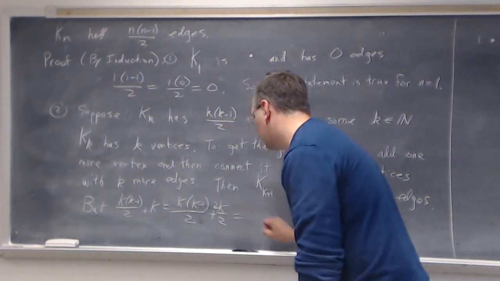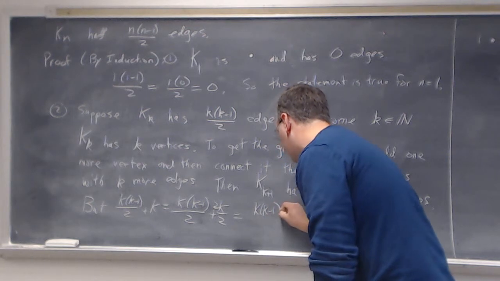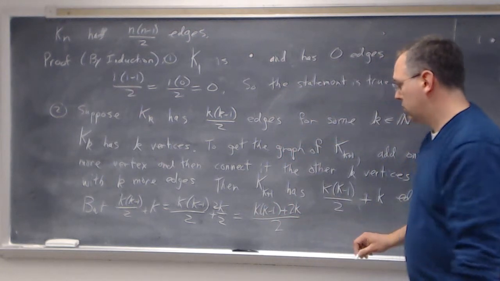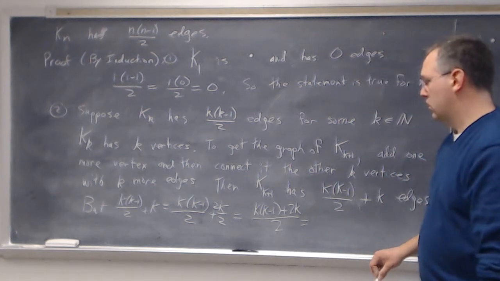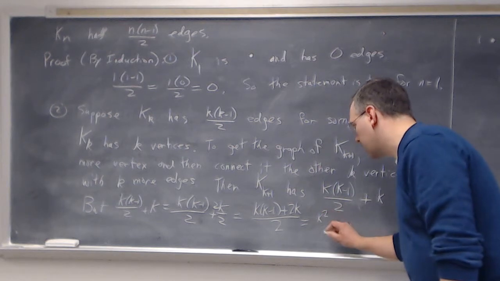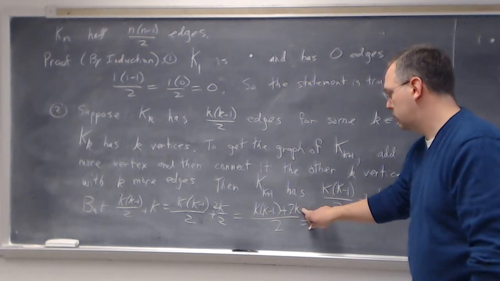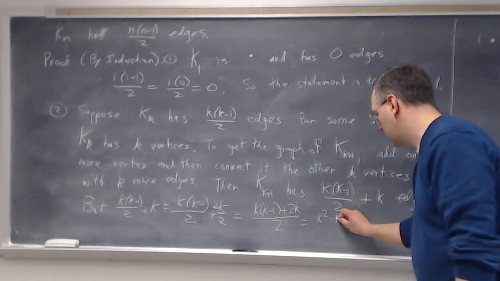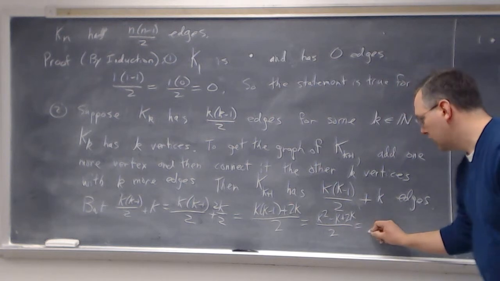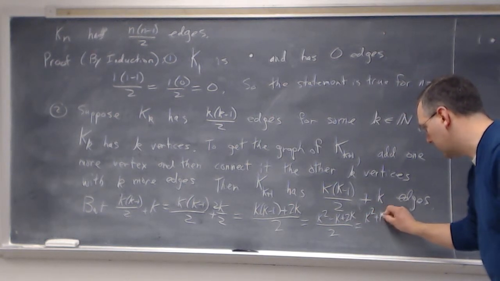So I get k times k minus 1 plus 2k, all over 2. So I multiply this all out and then factor: I get k squared minus k plus 2k. That equals k squared plus k over 2.